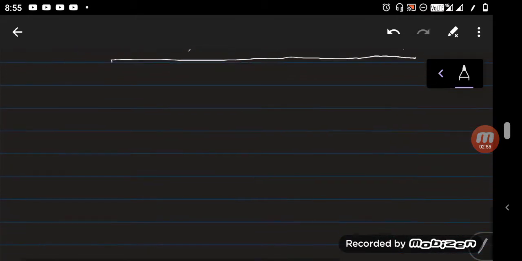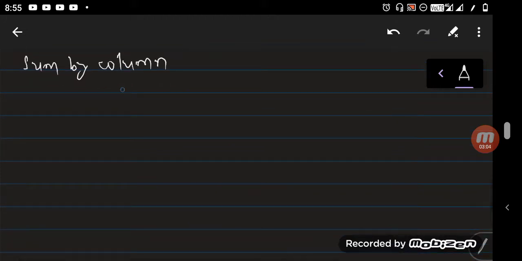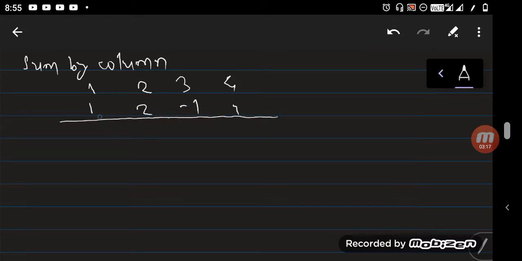The next method is the sum by column method. In this, we write the first sequence x1 of n, which is 1 2 3 4. Now write the next sequence, 1 2 minus 1 1. Now you multiply the first element of x2 with all elements of x1: 1 2 3 4. You can take x1 and x2 interchangeably.